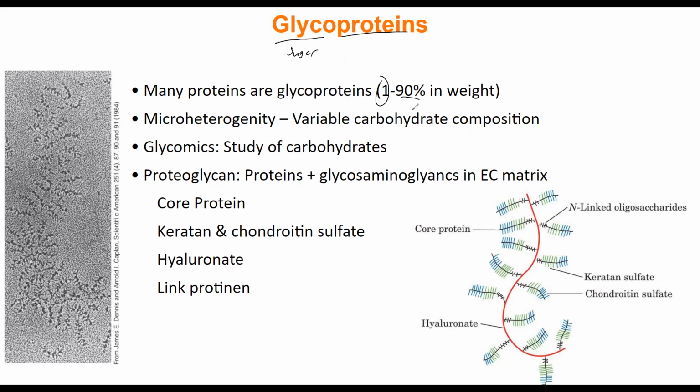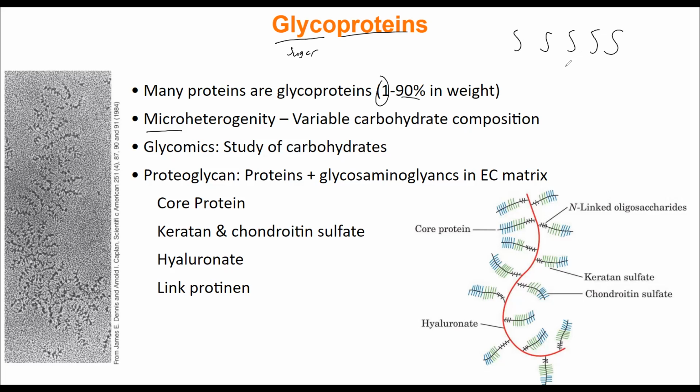What's really odd about glycoproteins is that they have microheterogeneity, which means that the carbohydrates placed on your proteins are variable. The reason I say this is odd is because let's say you make 5 of the same protein. The amino acid composition of all these proteins is going to be the same.